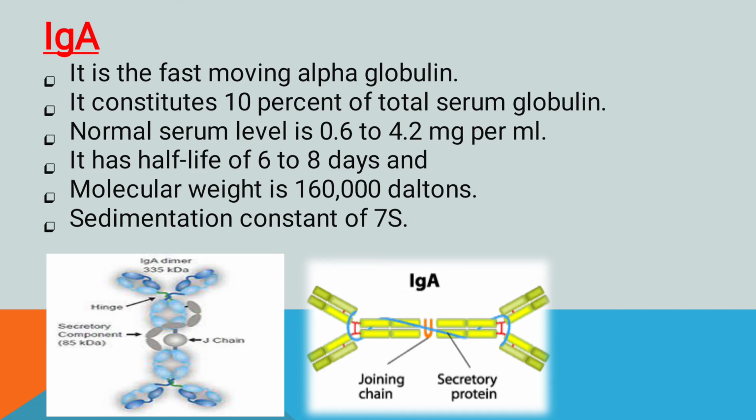The molecular weight is 160,000 daltons and its sedimentation constant is 7S. As you can see in the figure, this is the structure of IgA. It is usually a dimer having two protein units which are joined together with the help of the J chain or joining chain.